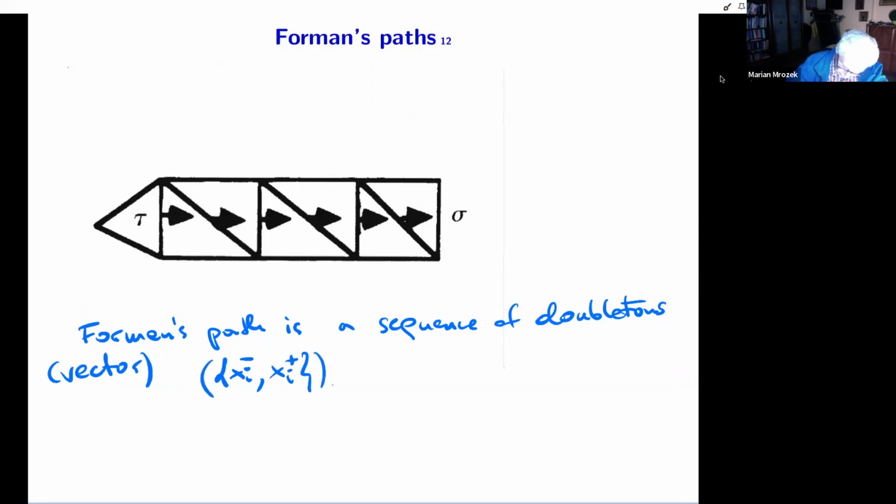This is a finite sequence of such doubletons such that the x_i^+, the higher dimension in the earlier doubleton, has as a facet the next one.